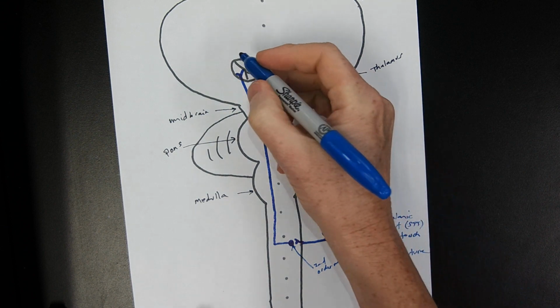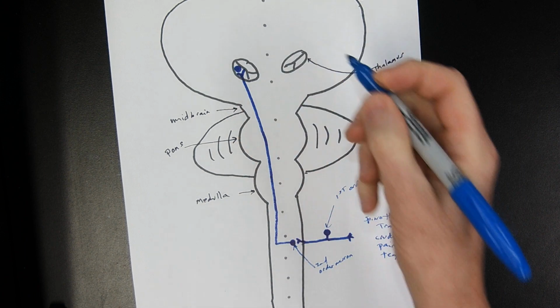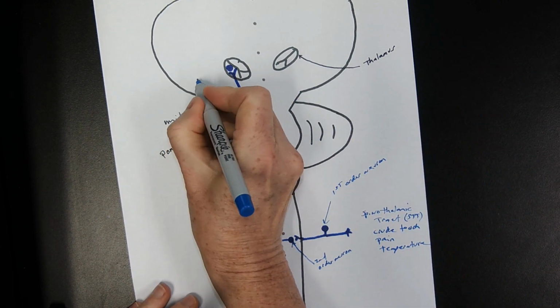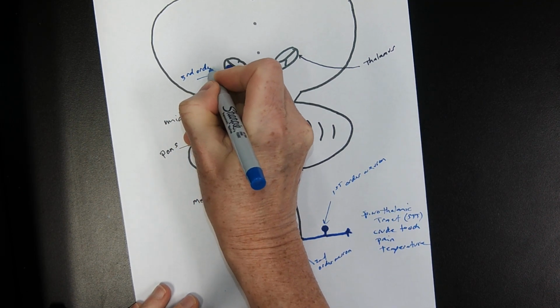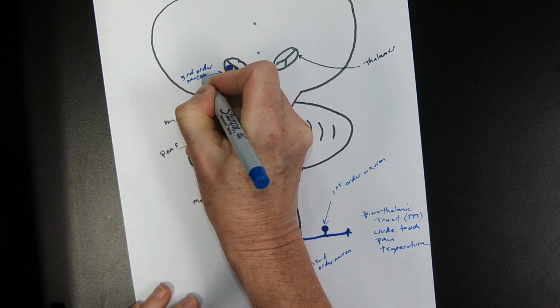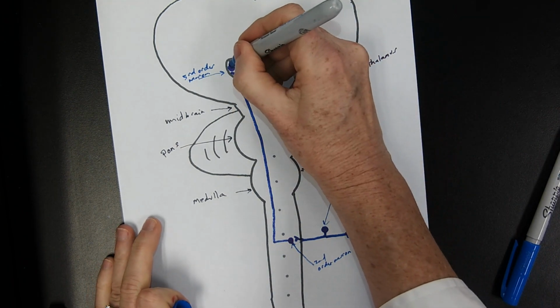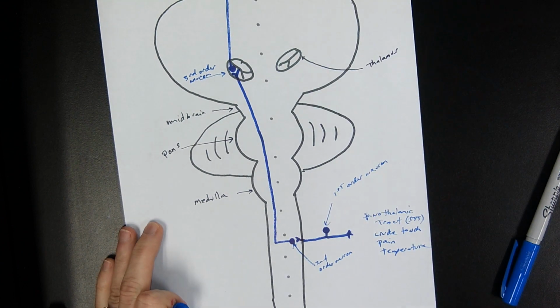The third order neuron resides in the thalamus. Here's your third order neuron. And then from there, your third order neuron sends out an axon to the somatosensory cortex.